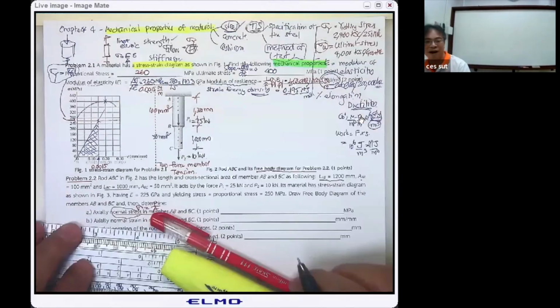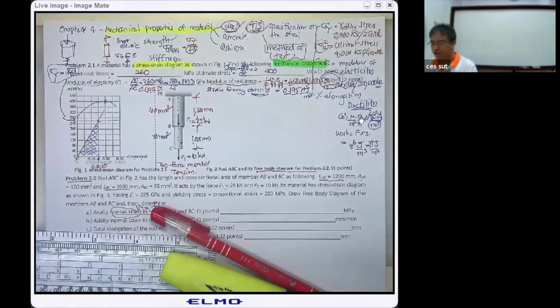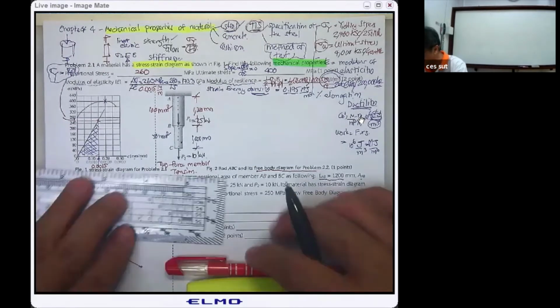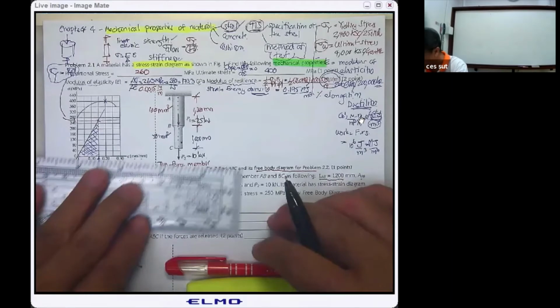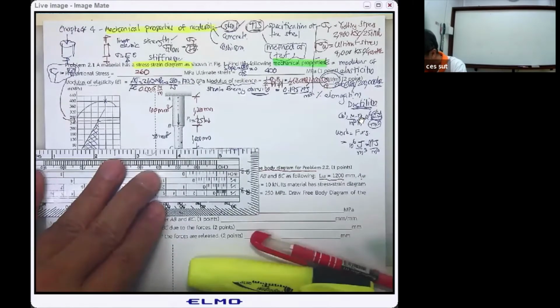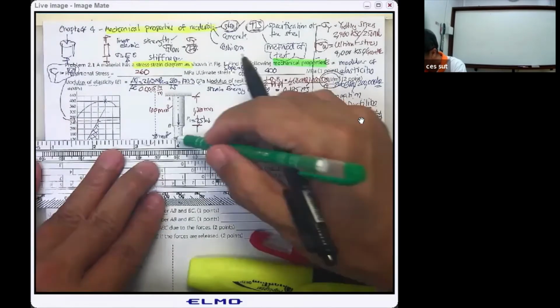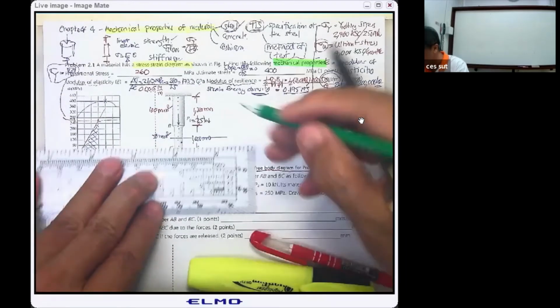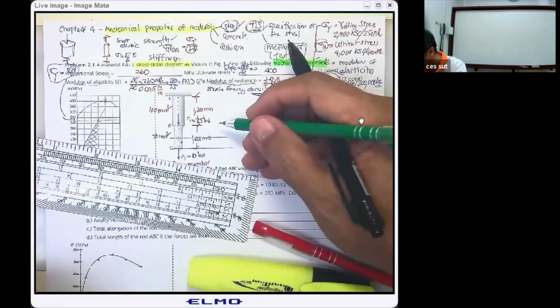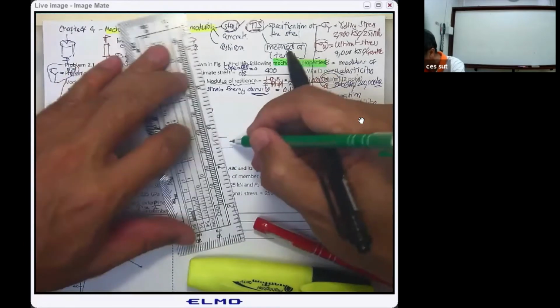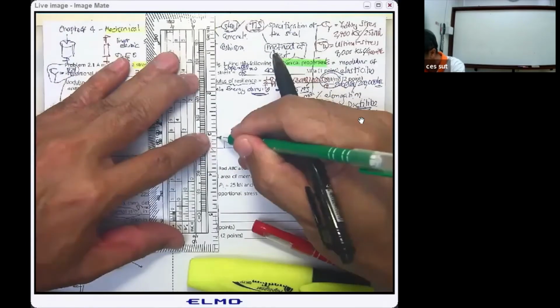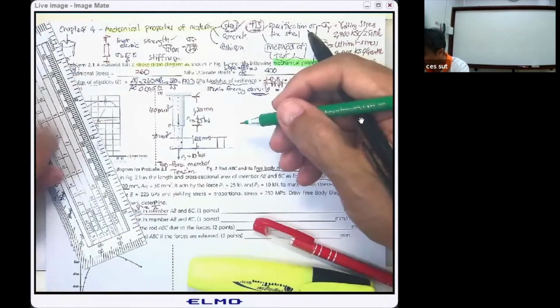Based on the external forces, we can draw the free body diagram of this portion. Let me cut this portion in between the points B and C. What I have is the free body diagram of this member here.